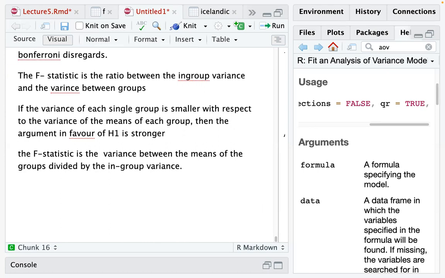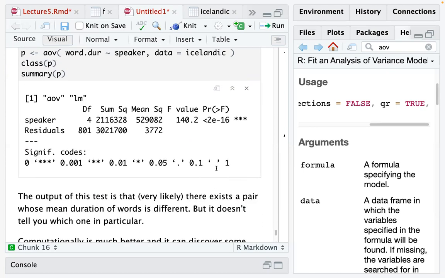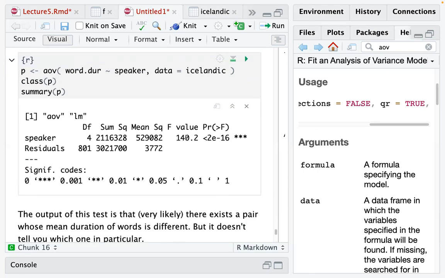So let's check it. We already did this test. Here it is 140, which is a lot. And in fact, the p-value is smaller than 2 times 10 to the power minus 16. So it's insanely small, this p-value.